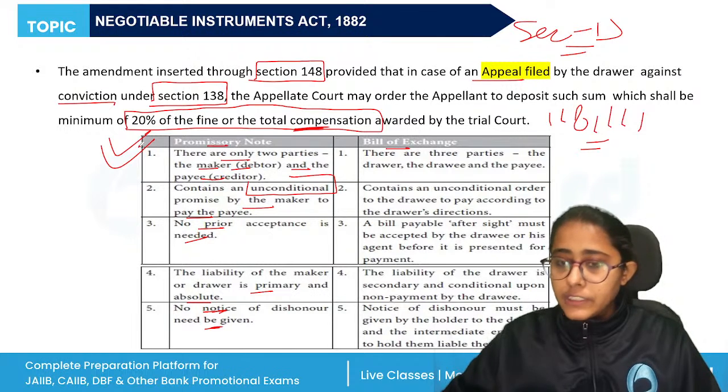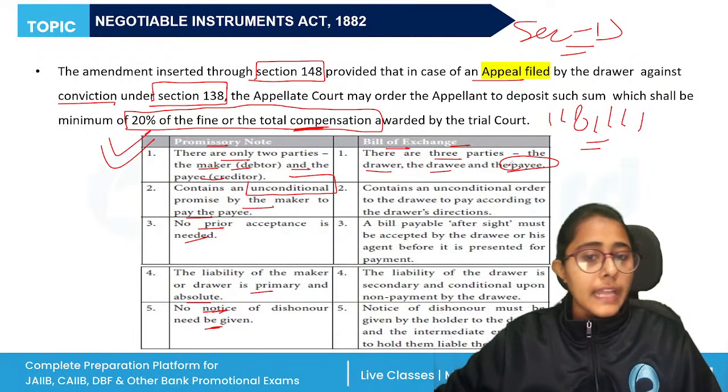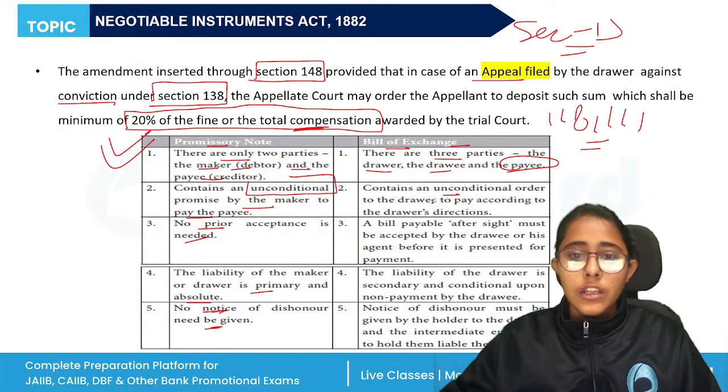Then we have the bill of exchange, where there are three parties: the drawer, the drawee, and the payee. It contains an unconditional order to the drawee to pay according to the drawer's directions, and a bill payable after sight must be accepted.